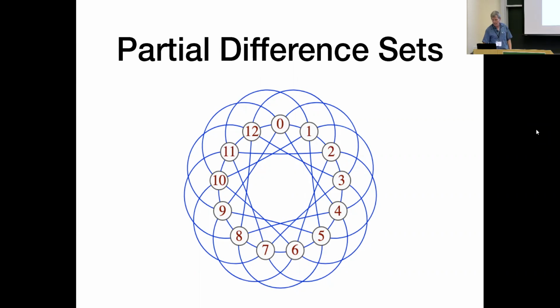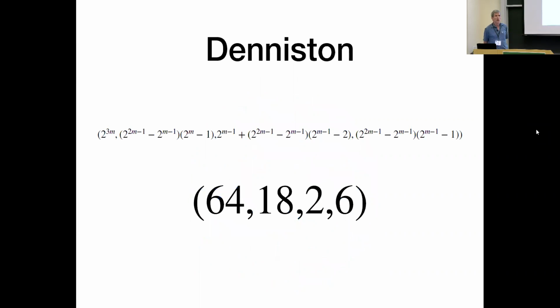That linking property is going to be at least one way of thinking about how we could go about doing this. Now, here's the particular example that I want to focus on. Denniston, I think it was in the 60s, I don't remember the exact date, was working in projective geometries, and he was looking for projective sets, which are projective points that have two intersection sizes with hyperplanes.